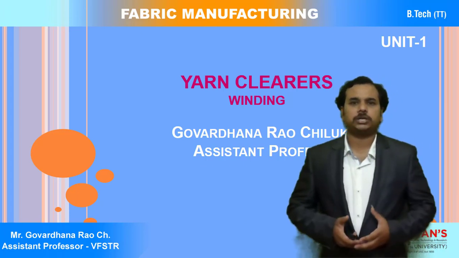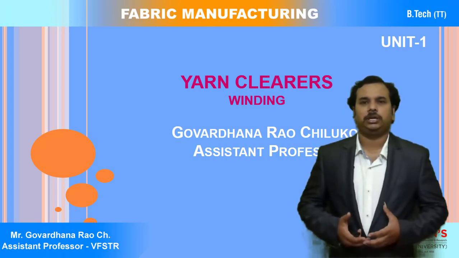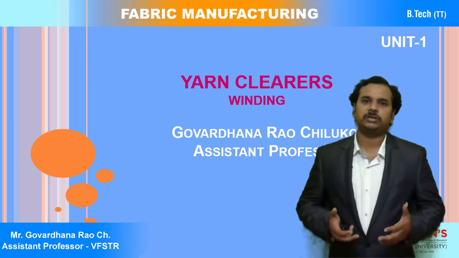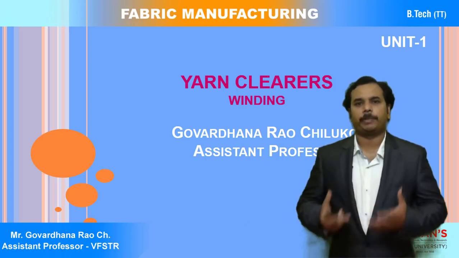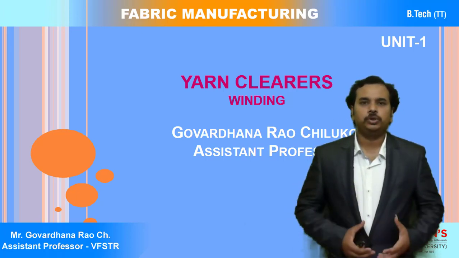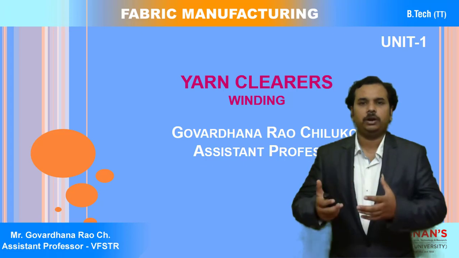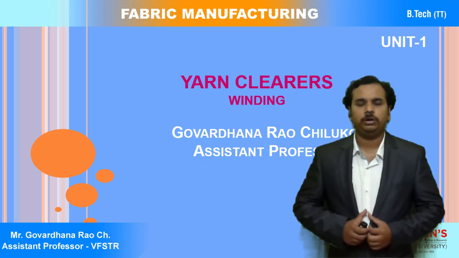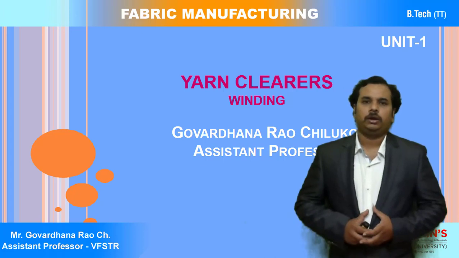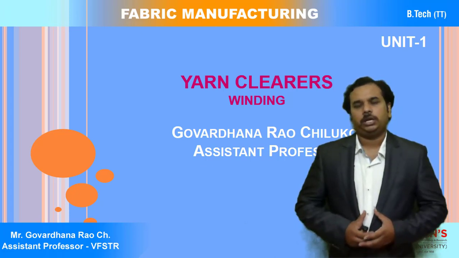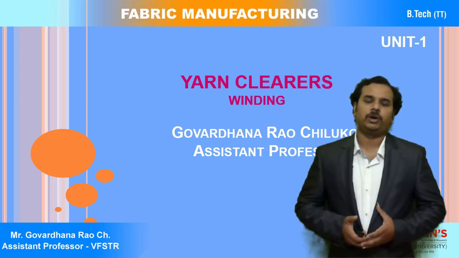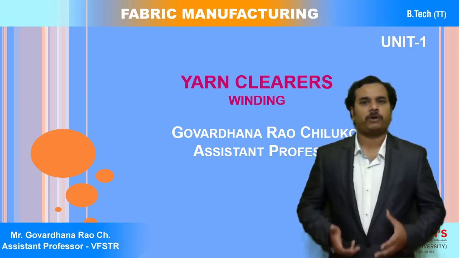The objectives in winding technology: the main objective is package conversion from a smaller package to a bigger package, that is, from a ring cop or spool we are going to convert into a cone. The second objective, and the main one in terms of quality, is the removal of faults.